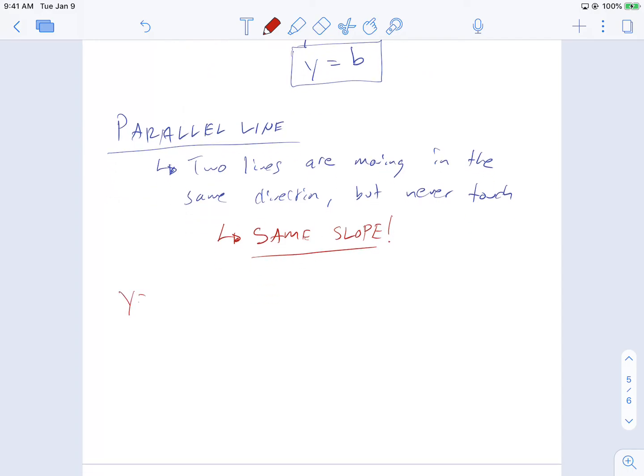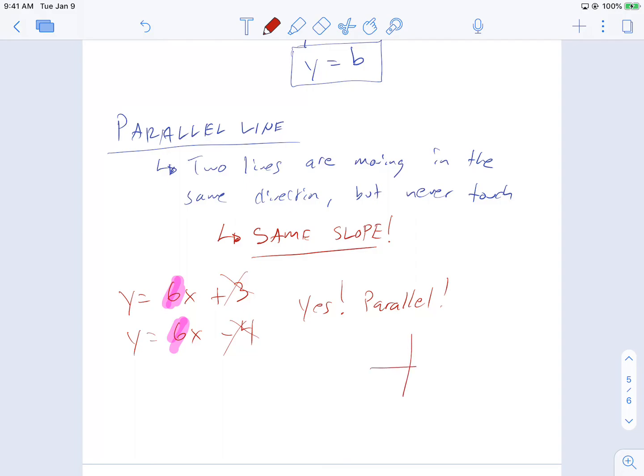So if I had 2 lines, maybe like y equals 6x plus 3 and y equals 6x minus 4, are they parallel? Well, all you need to do, don't look at that, don't look at that, you don't care. The only thing you're looking at is my slope. Are they the same? This is 6, this is 6. Yes, they are parallel because they have the exact same slope.